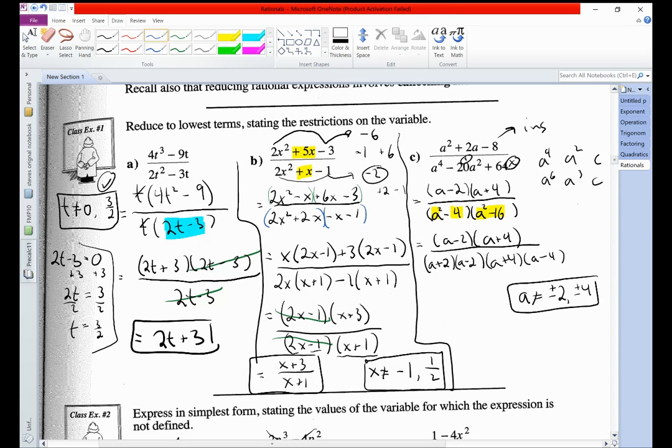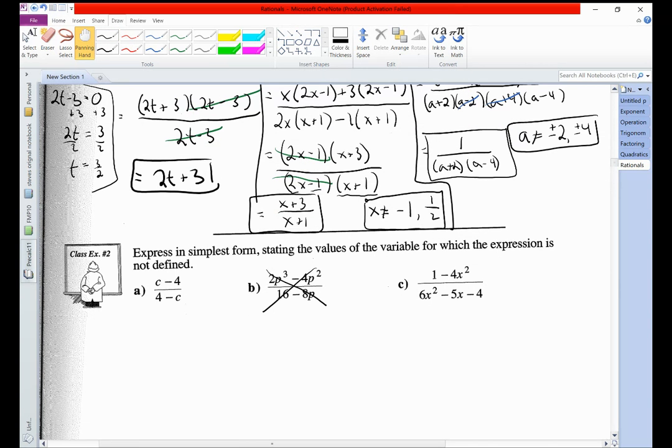So there's an a minus 2 here, and an a minus 2, and an a plus 4, and an a plus 4. So that leaves us in our rational expression with 1 over a plus 2, a minus 4. And we're done. Awesome. Now let's go on to the next set of problems.